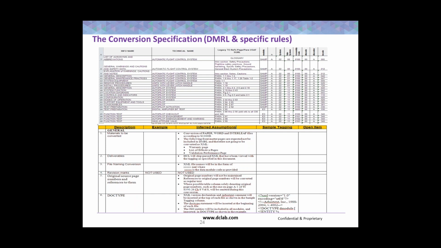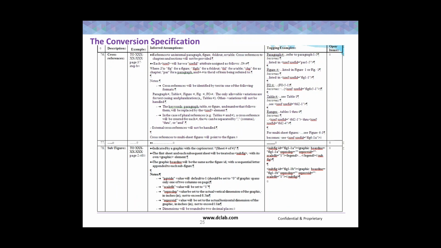Some of the items that could be covered in the conversion specification are the elements that are found in the documents, examples of where these elements are found within these documents, possibly a rule as to how these elements will be identified, a sample of the way they'll be tagged, and any open items that are connected with these elements. And you'll be surprised how effective this document can be.